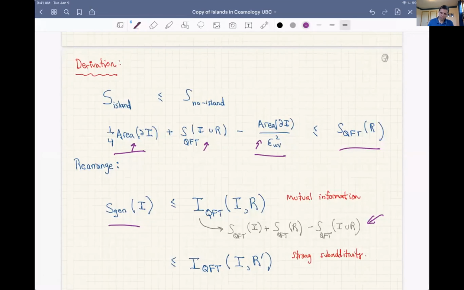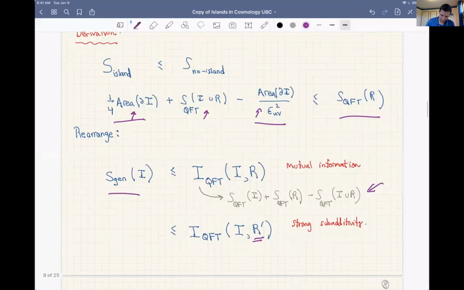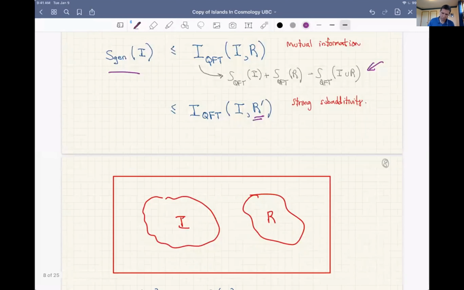In the next step, I'm going to replace region R by a bigger region, R prime. According to strong subadditivity of the von Neumann entropy, the mutual information increases when you do that. If we increase the size of one of the regions, then SSA tells us that the mutual information also goes up. And we're almost there. This is the setup of the island and region R in space.